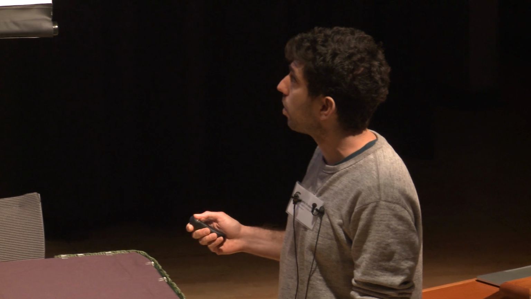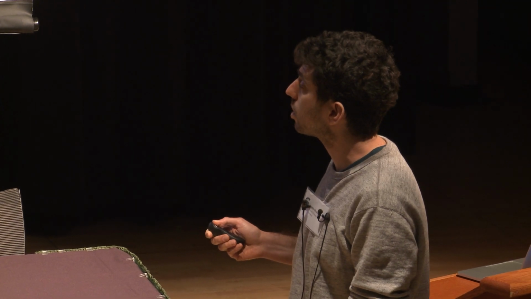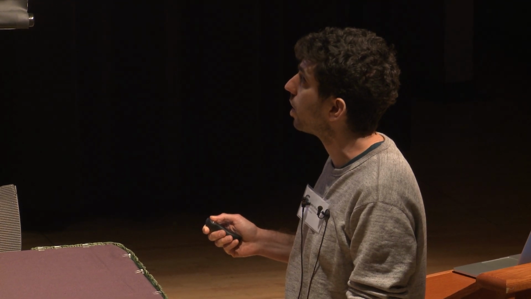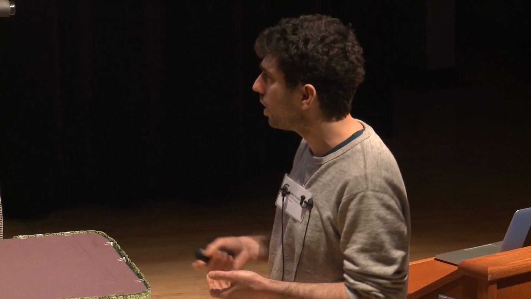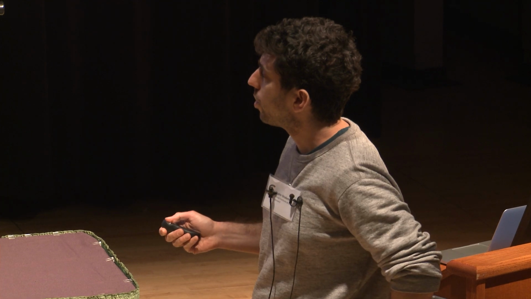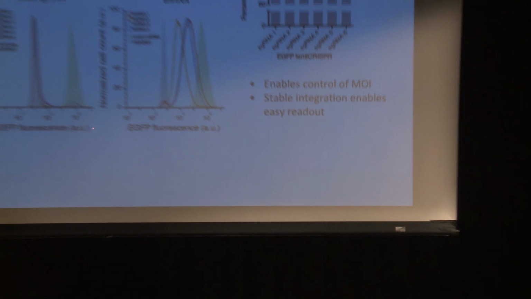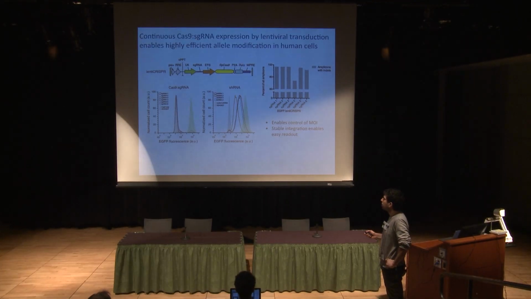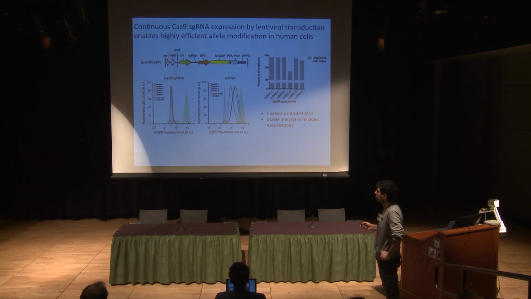To test this, we took this construct, made virus, and introduced different sgRNAs to target an EGFP that is integrated into these cells. What you see here is targeting of this EGFP. These are histograms of fluorescence. This is the wild type cell that just expresses GFP.